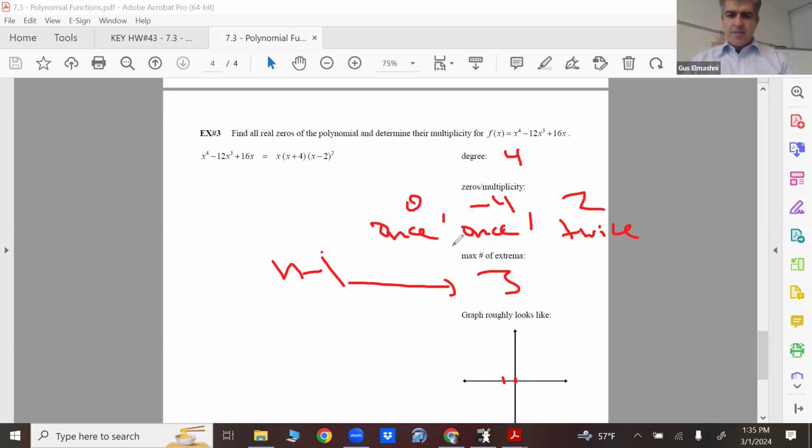Actually, let's see what I'm doing here. Let's just do this. So your end behavior is going to look like this. And the y-intercept is 0. And we bounce at 2. Here we go.